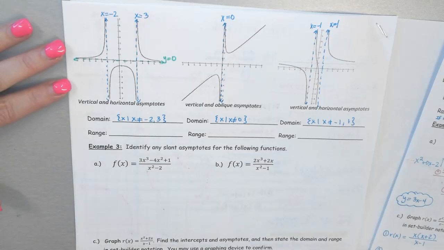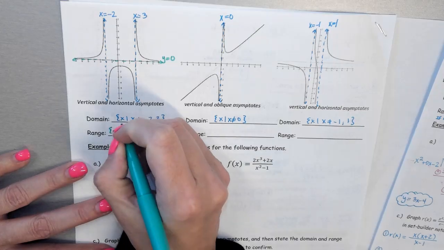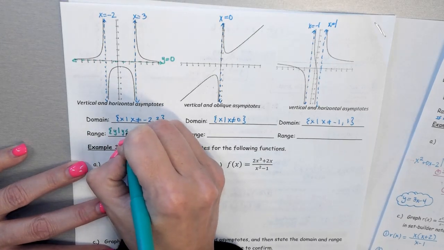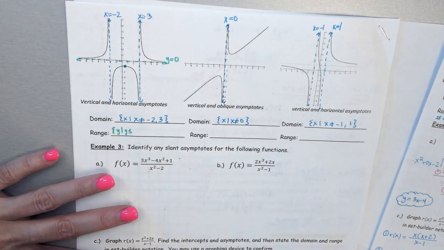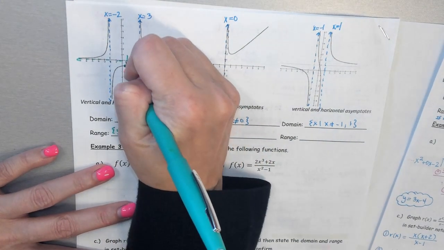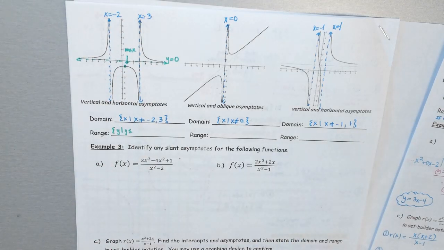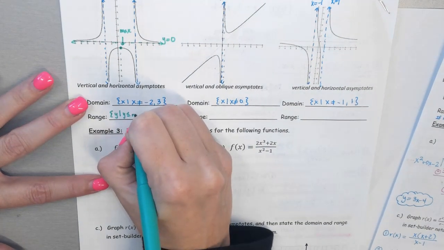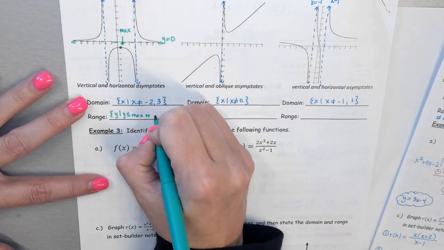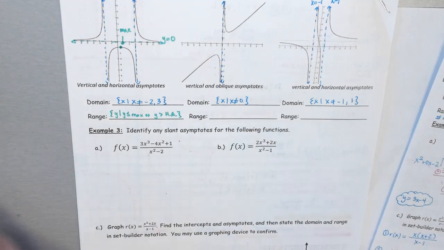So we're going to write down both of those cases. One case that we've already talked about is that y has to be less than or equal to wherever this maximum is. Notice that the maximum is not the same as the y-intercept here. Sometimes they are the same, sometimes they're not. So it's less than or equal to the maximum, or y is greater than the horizontal asymptote if it doesn't cross it.